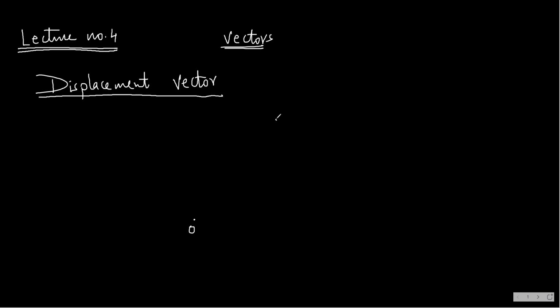Here we have a point O. In space, I have 2 points A and B. The position vector of point A with respect to O is this vector, because it gives me the position of A with respect to O. I call this OA bar, or I can simply call it A bar, because O is the common initial point for all.